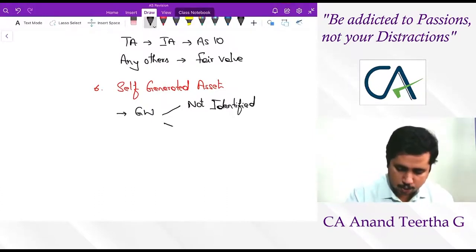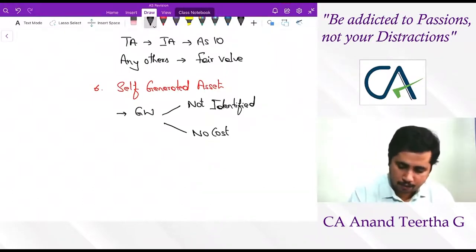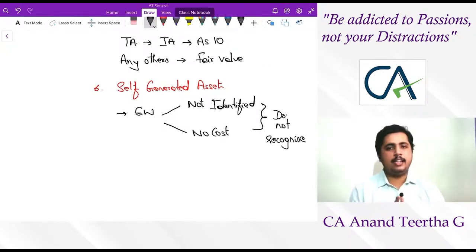Second, there is no cost. For self-creating a goodwill, to just check the self-reputation through profits or any other methodology, there is no cost incurred. Since there is no cost, and since it is not identifiable, do not recognize it in the books. Very important. Self-generated goodwill is never recognized in the books of accounts. Don't recognize it.